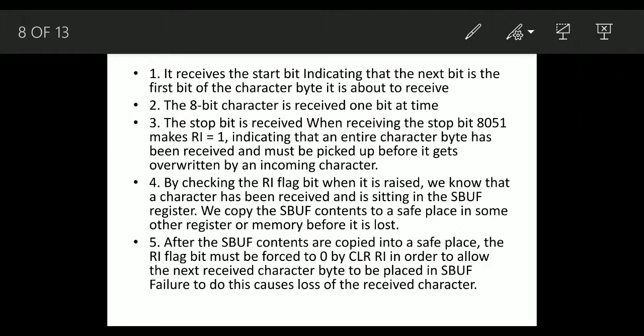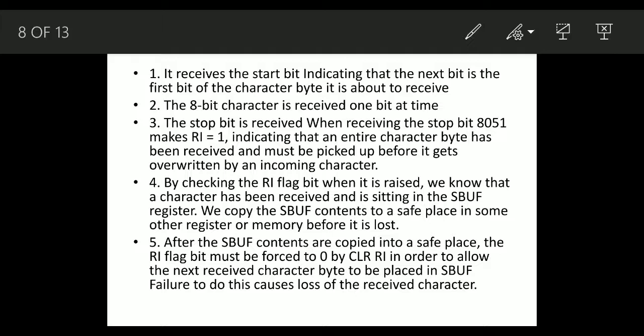After the SBUF contents are copied into a safe place, the RI flag must be forced to 0 by using an instruction called clear RI in order to allow the next received character byte to be placed in SBUF. If you do not do this, it may cause loss of the received data.